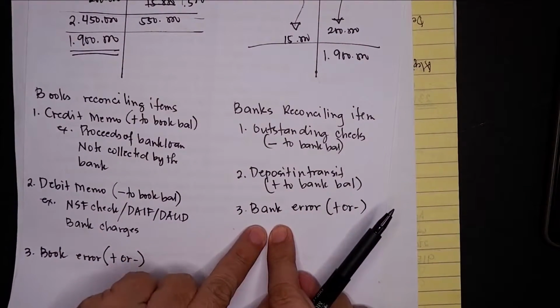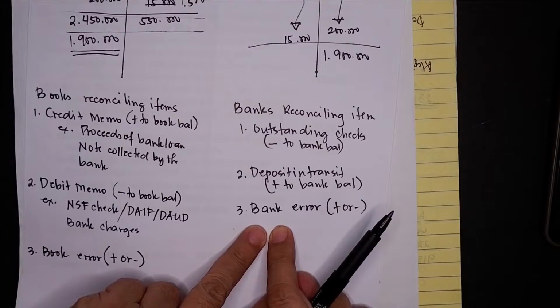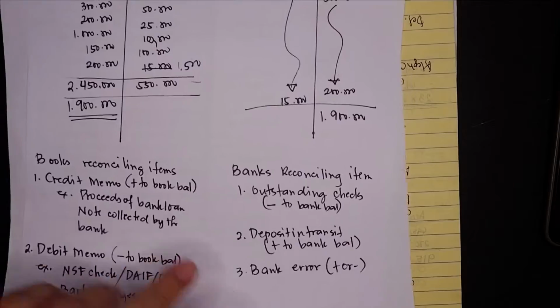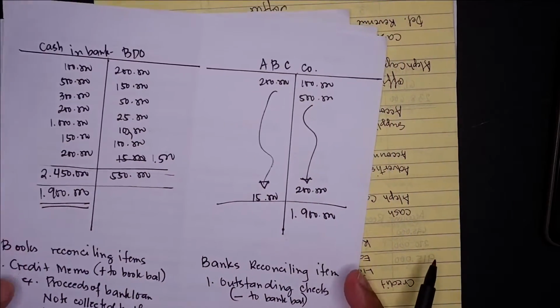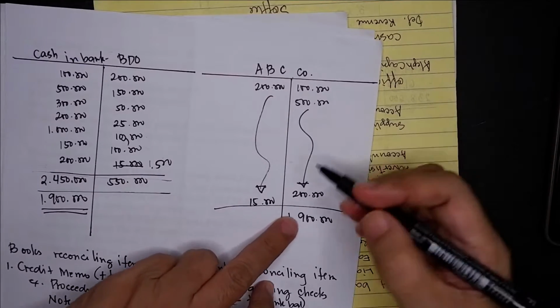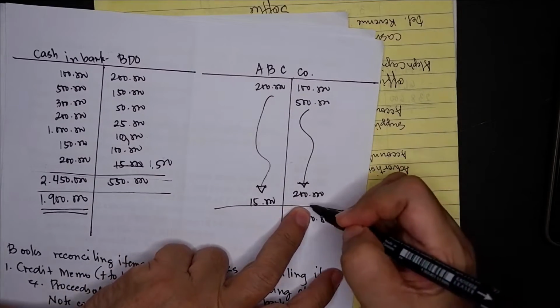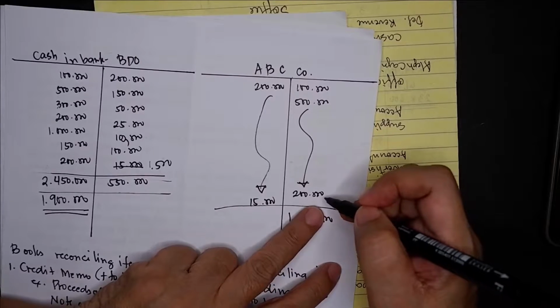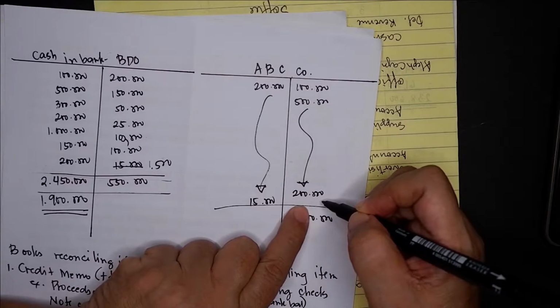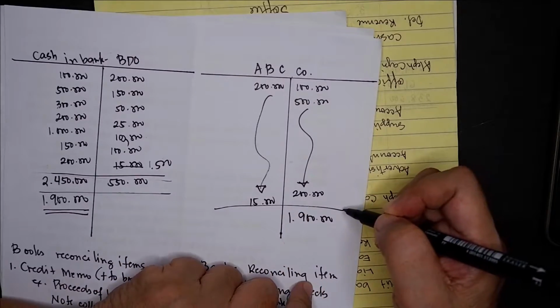And we have bank error, plus or minus, the same. Think first of what is the original transaction and how the transaction affects our cash balance. Example, we have this 200,000. Instead of recording it as 200,000, the bank records it as 20,000. So we have a 180,000 difference.